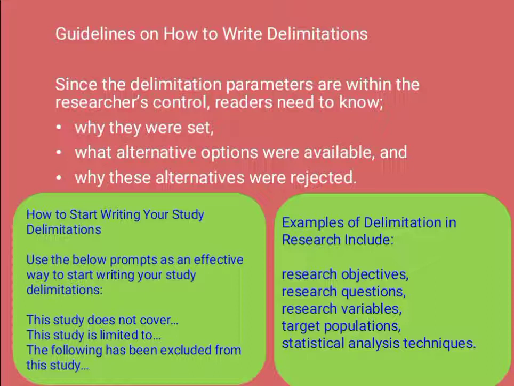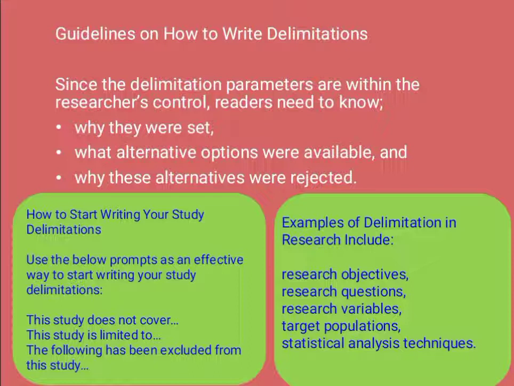So, your reason should always be linked back to your research questions, as all the limitations should result from trying to make your study more relevant to your scope. Therefore, the scope and the limitations are usually considered together when writing a research paper.